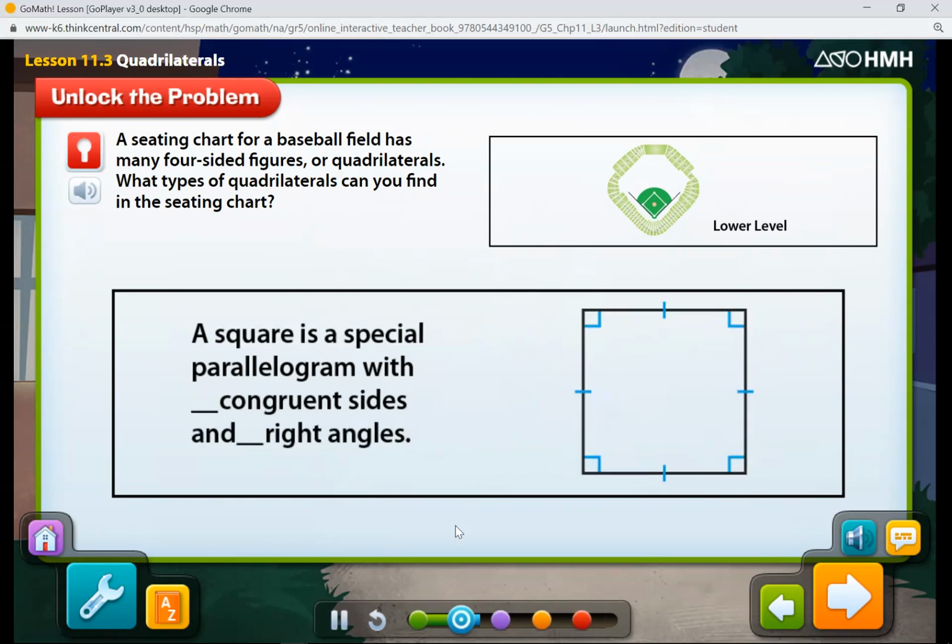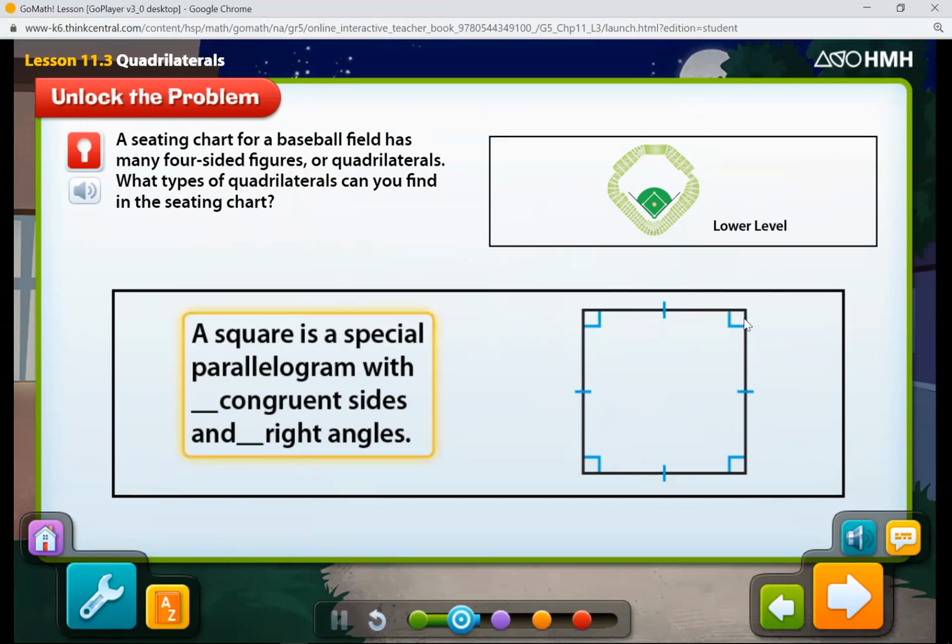Next, let's take a look at a square. Now, we were just talking about that, right? If it makes a right angle, that means these two sides are perpendicular. So the left side is perpendicular to the top, but the left side is parallel to the right side.